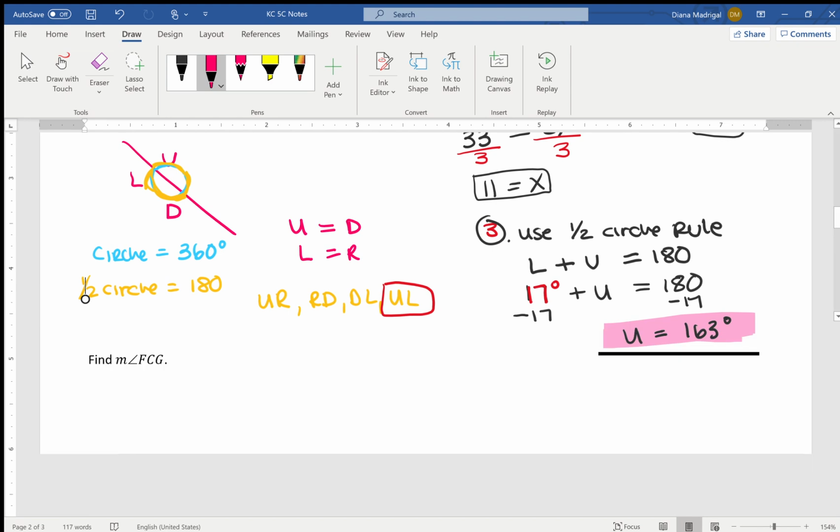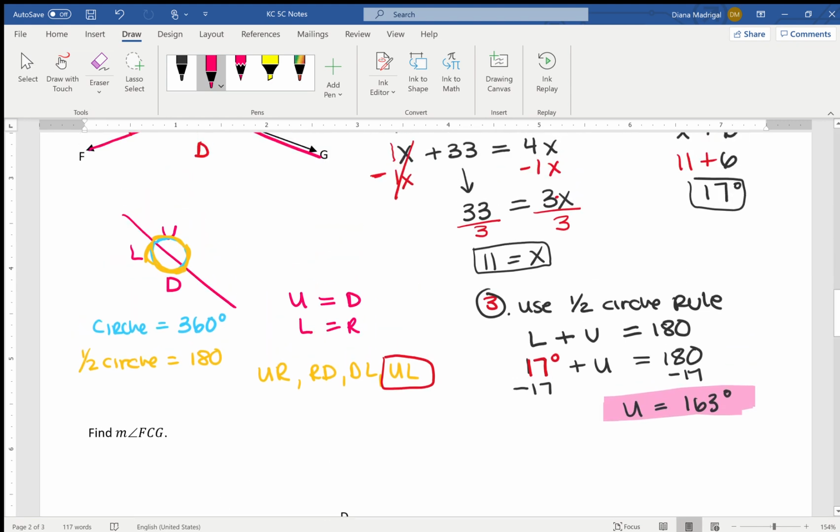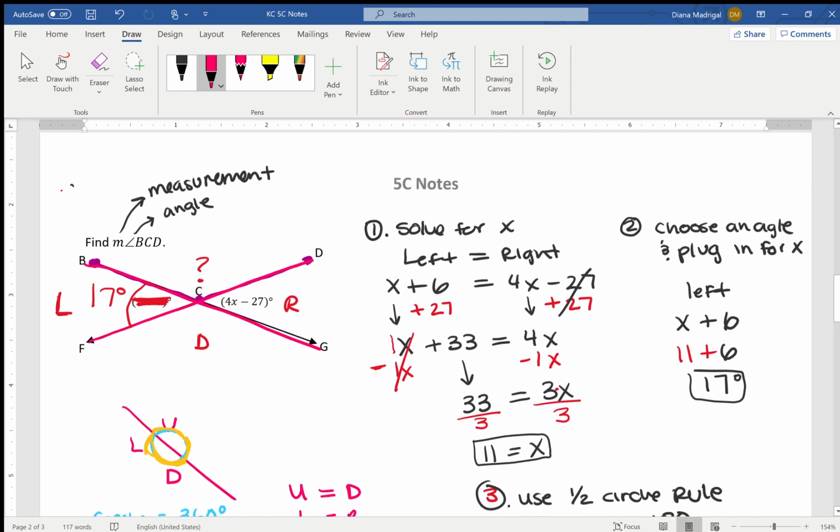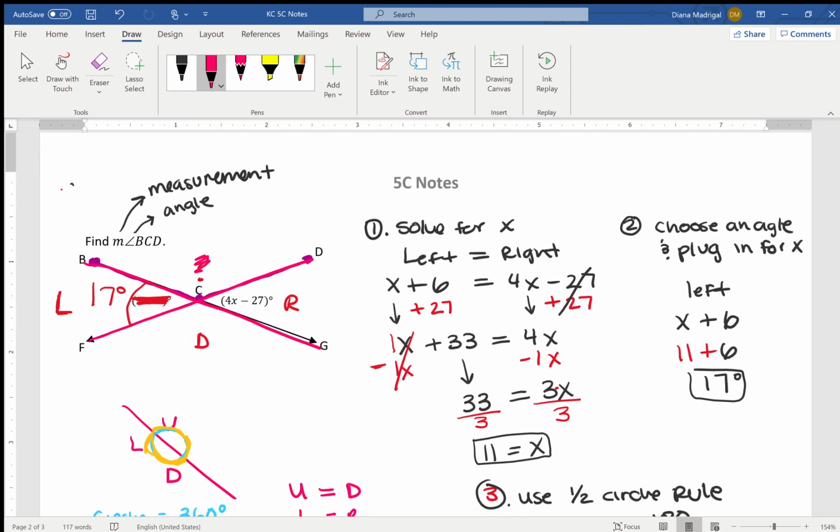The angle that they want you to find, which is up here, is not a question mark anymore, it is 163 degrees. So that's your answer for the question.